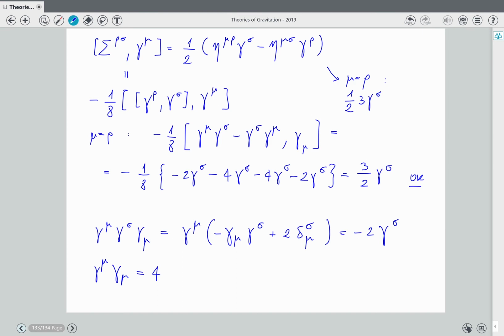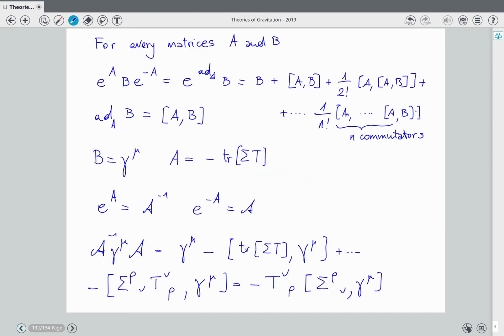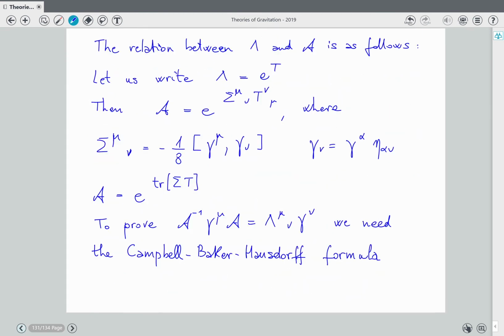a property that we didn't mention before, recall that lambda is e to the t. And the property of this matrix, which is the exponent of lambda, is that when you raise or lower its indices, it's anti-symmetric.